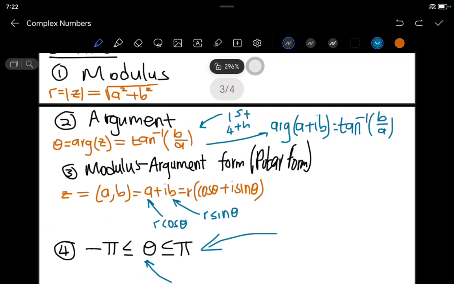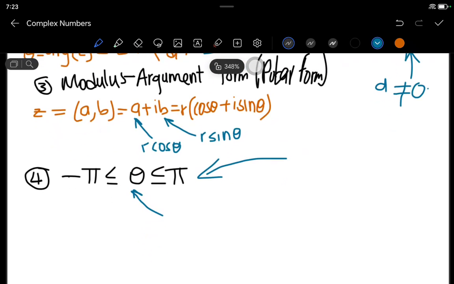So don't be shocked when you come across such things. And we should know that A cannot be equal to 0. The moment A becomes 0, I'll tell you how to find the argument, but you cannot use this format of tan. You see, right? Now, we are going to say this.